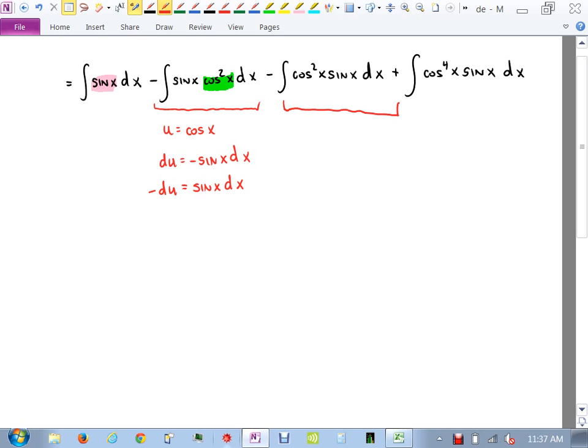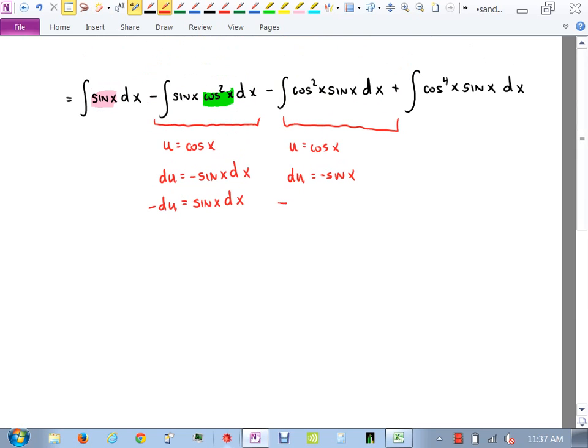Can't I make the same exact substitution on this next one? U is cosine x. Du, negative sine x. Negative du is sine x dx. And then this one, I'm just going to put same thing, right? That's not a happy face, but I'll put a happy face anyway. I meant to say same thing, right?